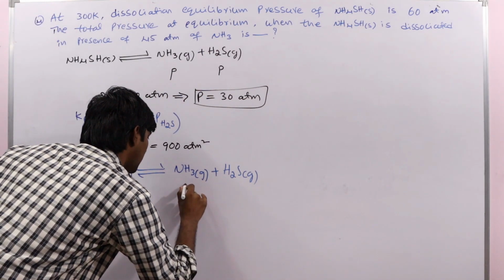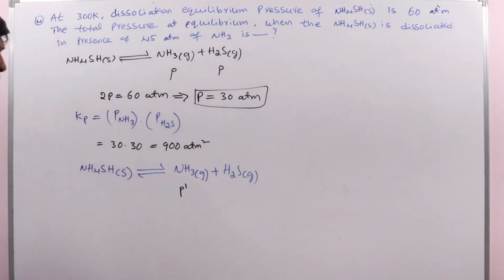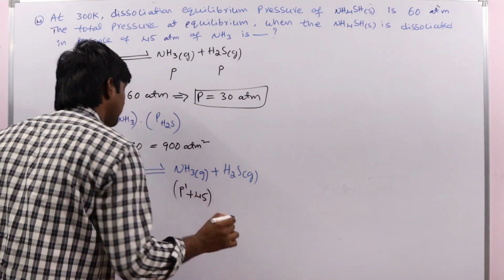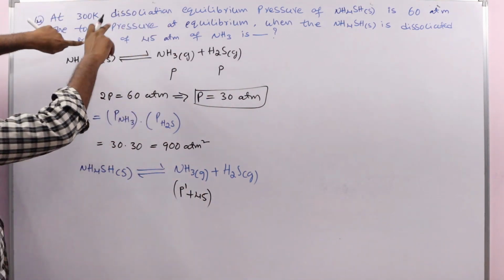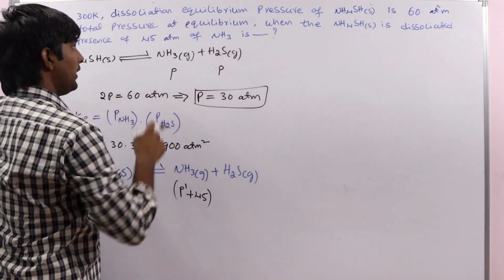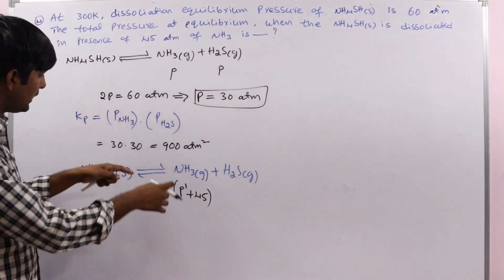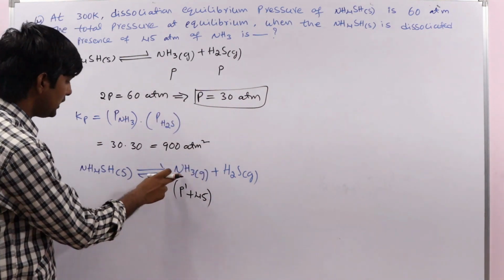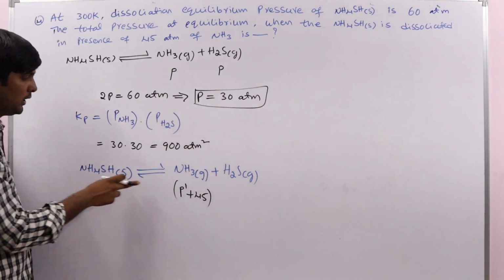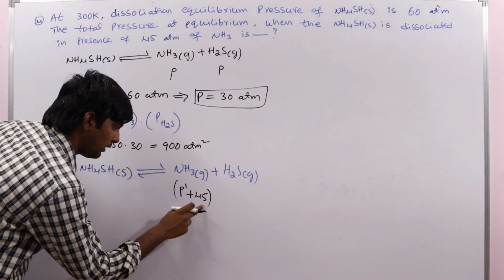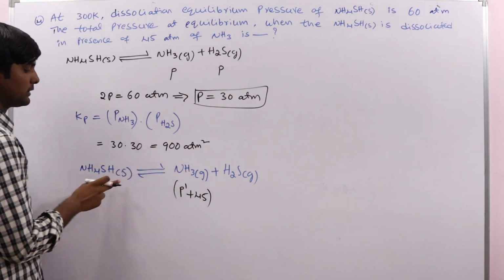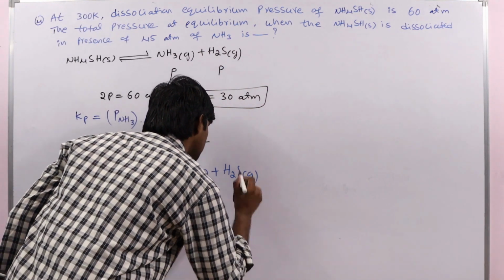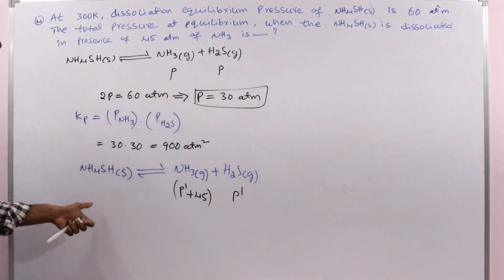Let us assume the partial pressure of NH3 formed is P dash. In the presence of 45 atmosphere of NH3 means NH3 is already present at 45 atmosphere, and more is formed from this dissociation. So 45 plus P dash is the NH3 pressure, and H2S is P dash.